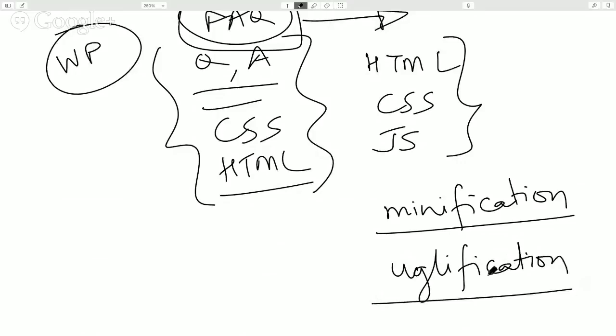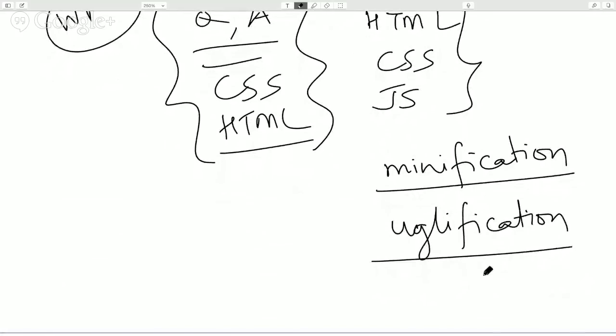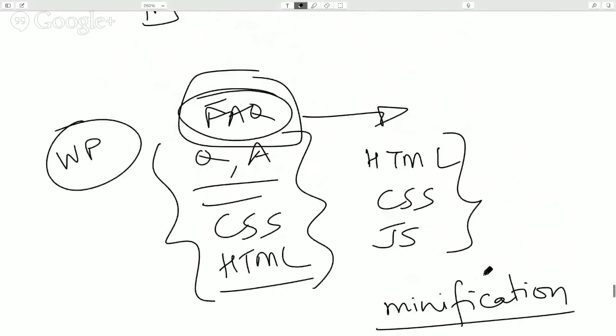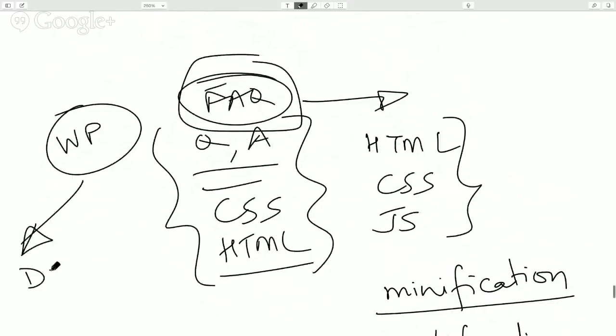There is an uglifier that uglifies and makes it look really bad, so you cannot humanly see it, but it is syntactically correct JavaScript, CSS, HTML. And that uglifier is actually compressing it and rendering it to the browsers for them to be able to quickly show you the FAQ page, and it doesn't hit the database at all.